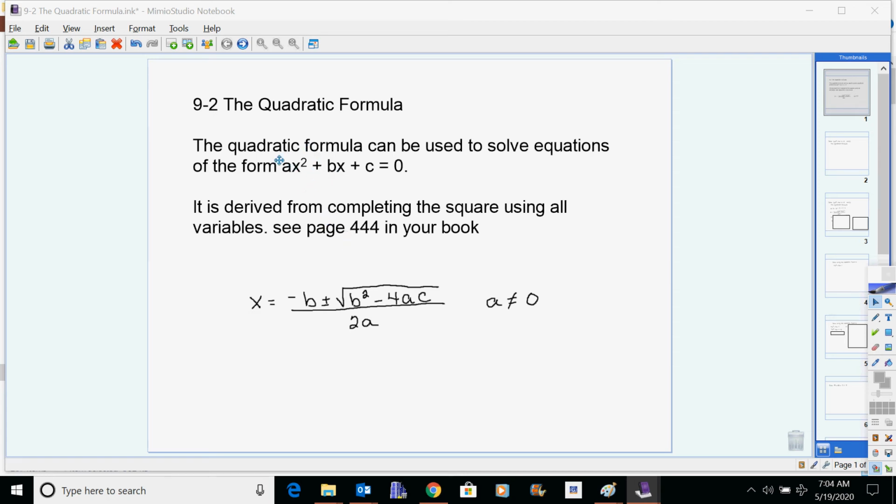If there is no x squared term, in other words, if a is 0 and you just have basically an mx plus b situation, you've got a line, it's not quadratic, so it doesn't really work in this formula anyway. So we've got to have a quadratic, a square, a linear, and a constant term in order to do that.